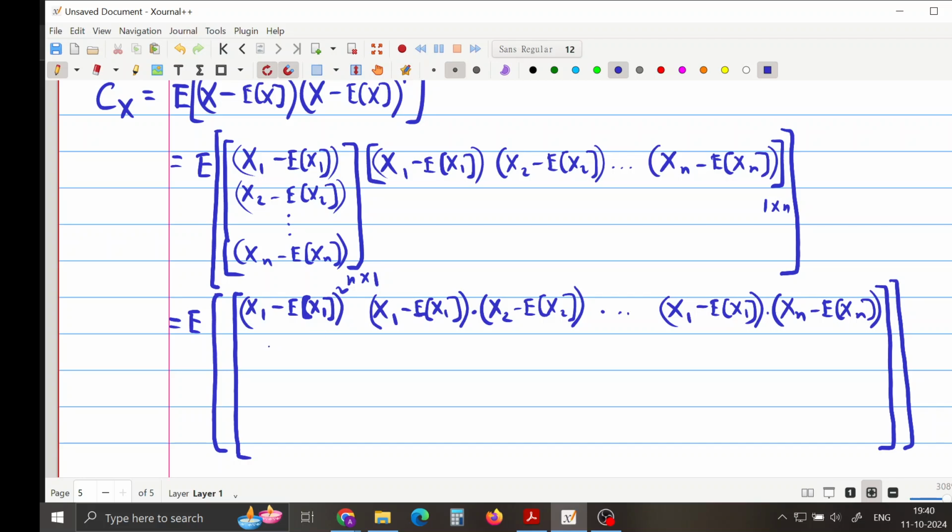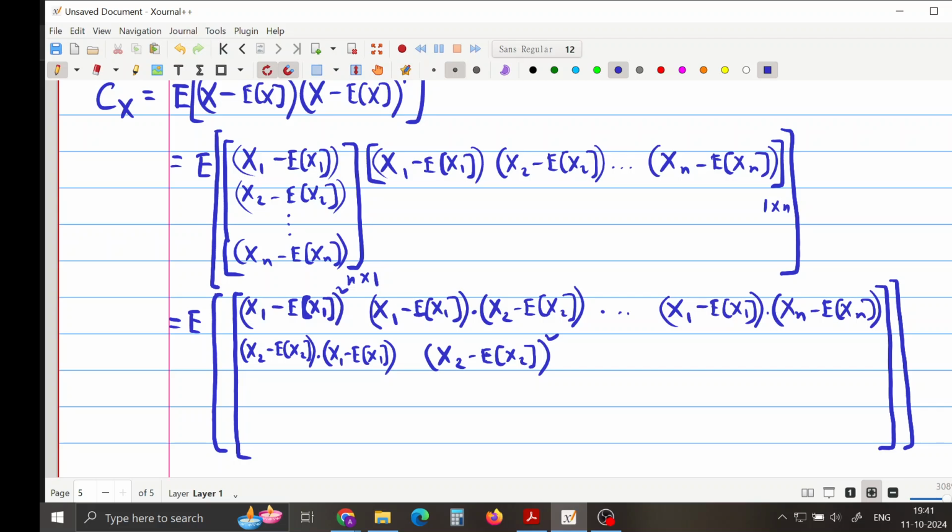What about the second row? So this will be x2 minus expectation of x2 times x1 minus expectation of x1, right? And the 2 comma 2th element will be x2 minus expectation of x2 whole squared.